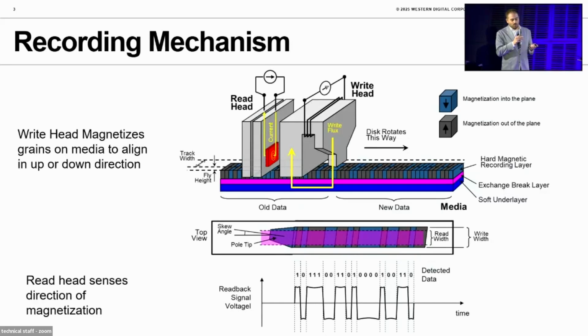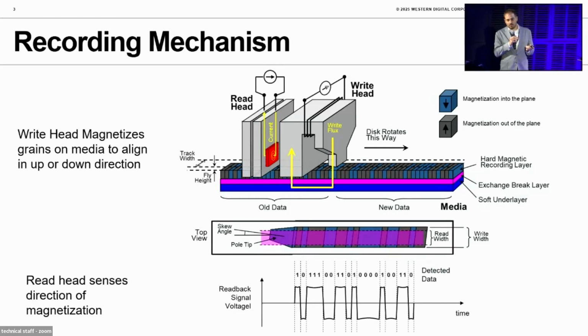Behind that, we're passing our reader. That readback signal is quite a noisy signal. It looks quite idealized here, but what we're sensing is the transitions of those north and south magnets. So we're not necessarily sensing exactly a 1 or a 0 depending on the amplitude.